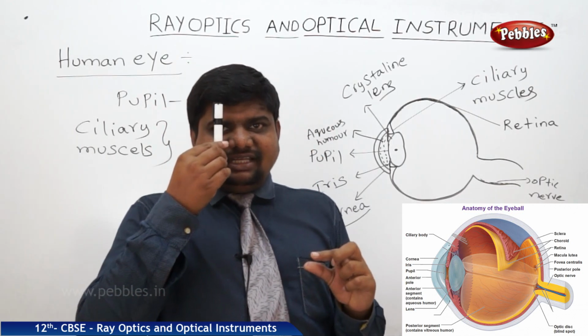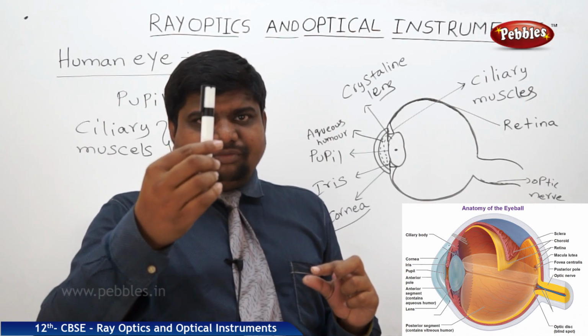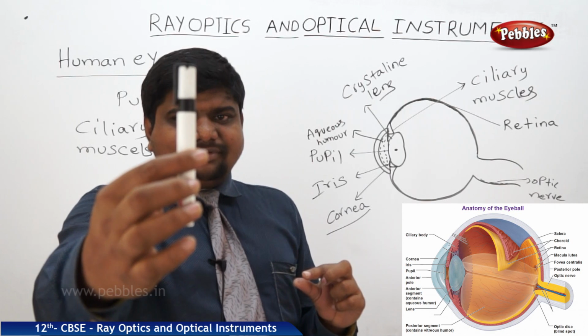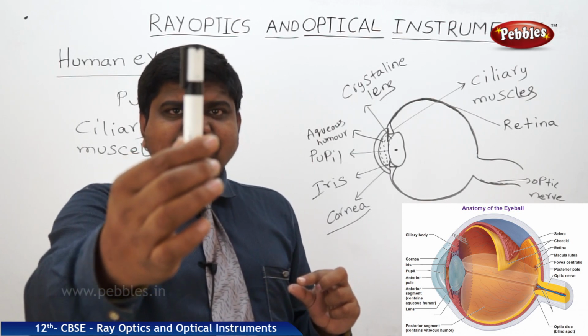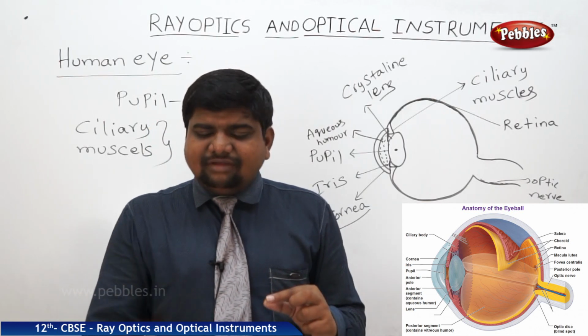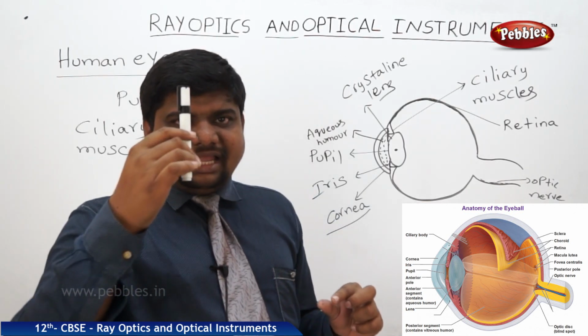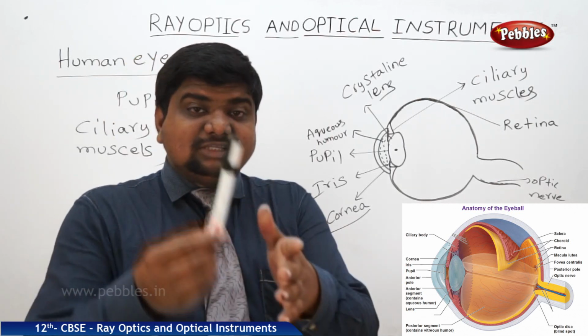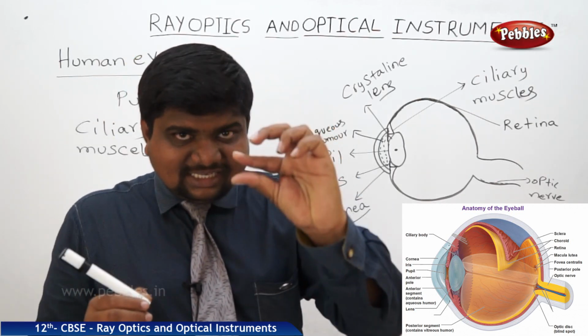Whenever this object moves to some distance, at some distance I am able to accommodate all the light rays coming from the object, and then I can see the object clearly. Whenever the object moves away from the eye lens, the size of the eye lens increases. When it is placed close in front, it decreases.